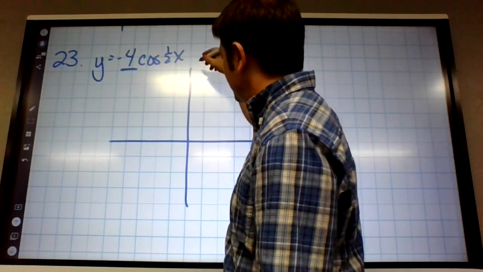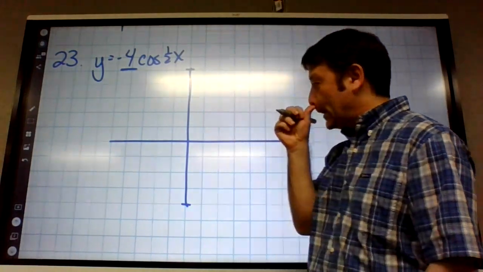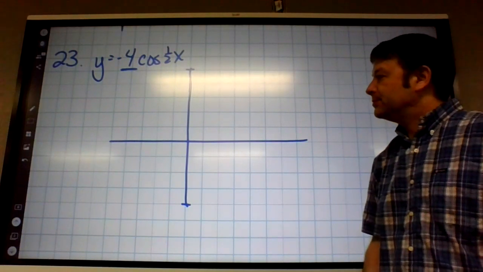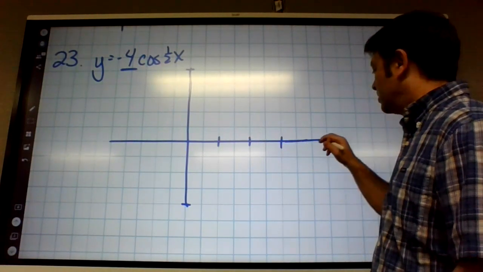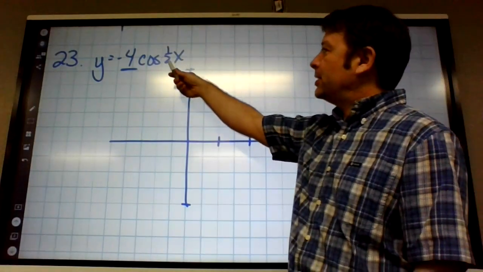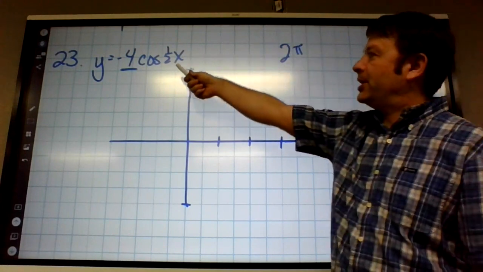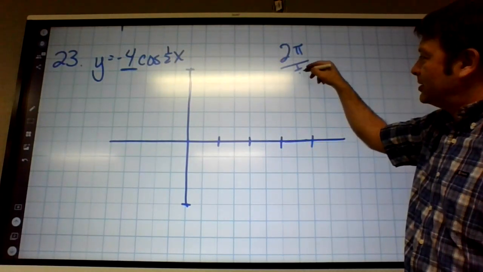That means the amplitude is 4. You don't really have to mark it on the graph, but that just gives me a target to aim at. And then the period. Right, yeah. The normal period, 2 pi, you divide that by the 1/2 in front of the x. And yeah, we did this one earlier. It came out as 4 pi.